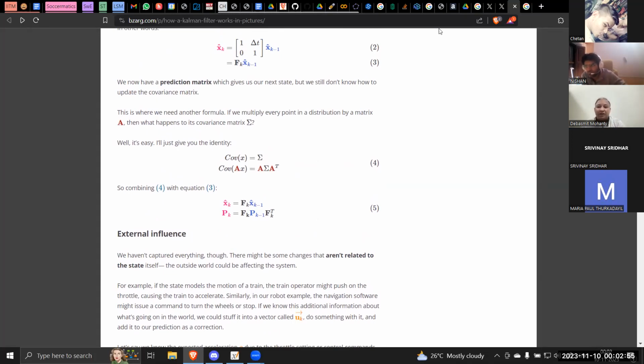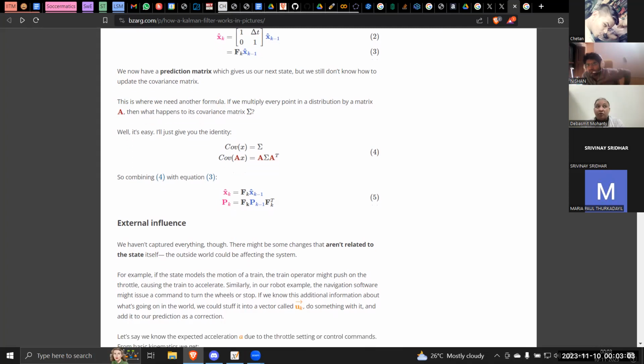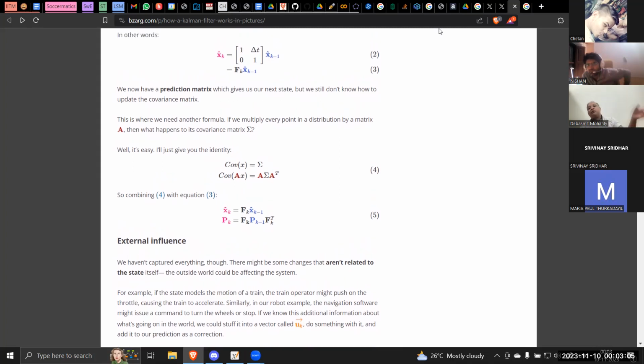If you multiply by 2, the variance covariance would go to the factor of 2 to the power 2. We cannot say A square, so that's why we're saying A transpose.